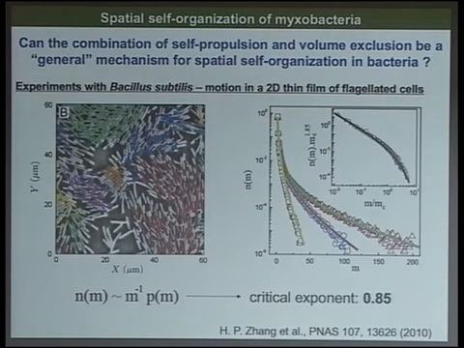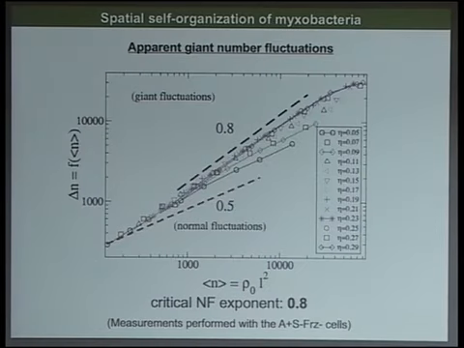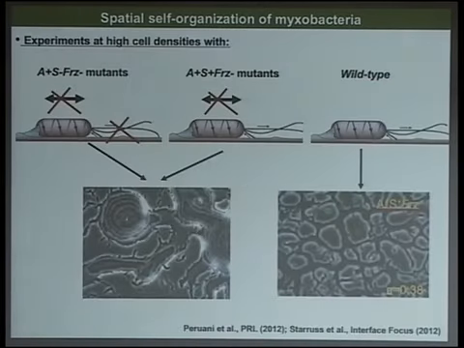But the group of Sweeney did similar experiments in 2010, and the definition of cluster is not exactly the same, because they also used the orientation of these clusters in the definition. But the measurement they did gave basically the same kind of exponent that we measure. For the clustering, they measure 0.85.